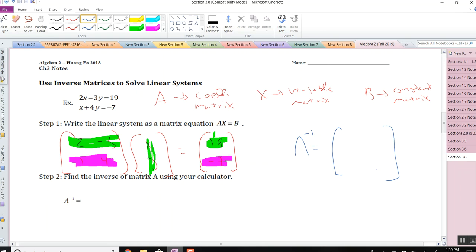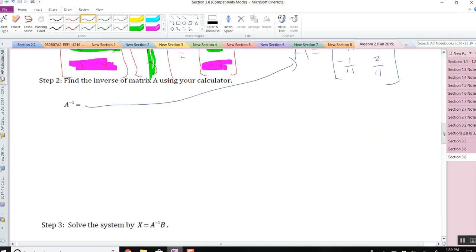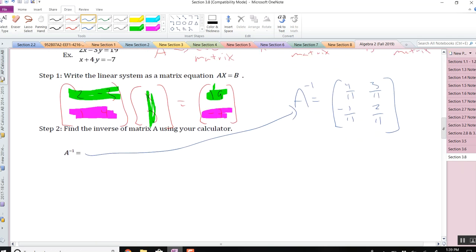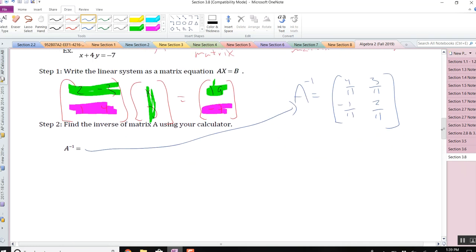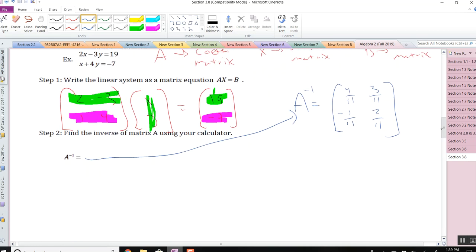You get these wacky decimals, so I'll go math, frac, change it to fractions. It's going to be 4 elevenths, 3 elevenths, -1 eleventh, and 2 elevenths. So that's that right there. Now, I'm going to solve this matrix equation using the inverse.